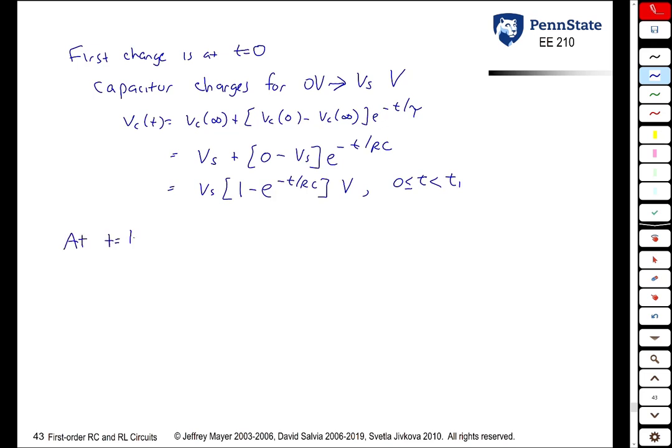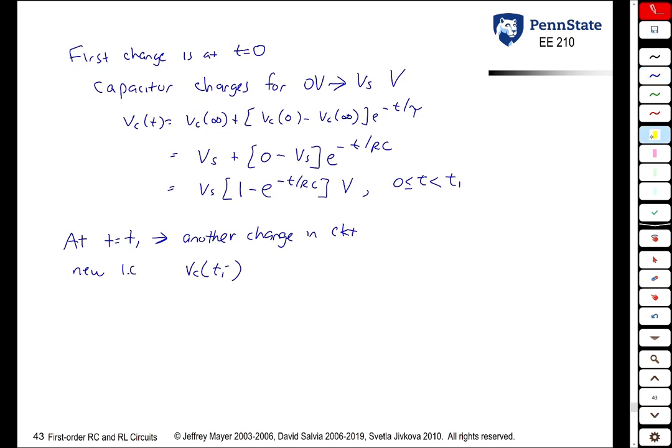So at t equal T1, we have another change in the circuit. So we need a new initial condition. The new initial condition is just Vc of T1 minus.